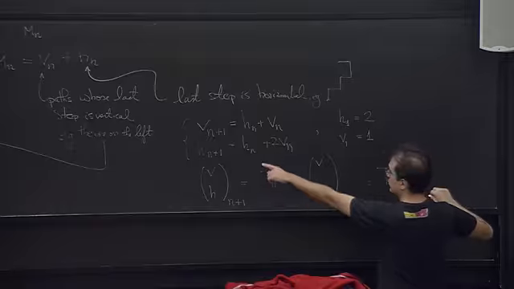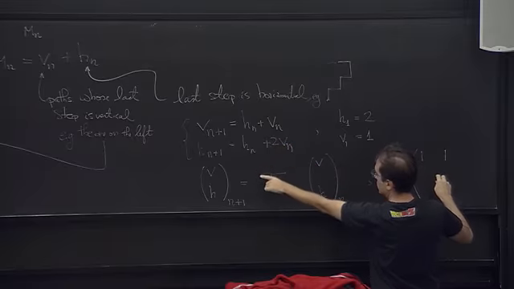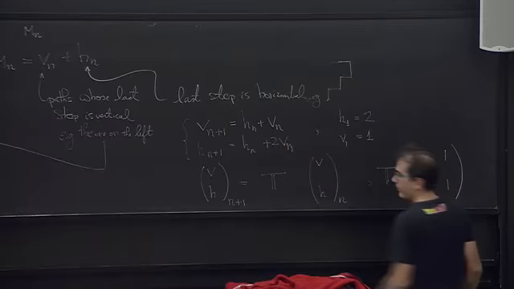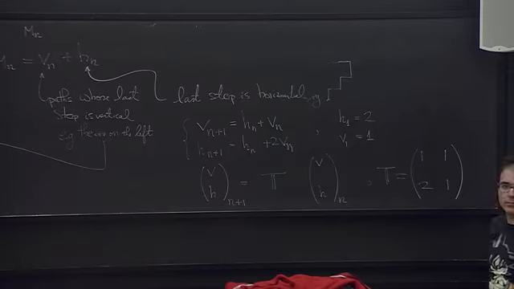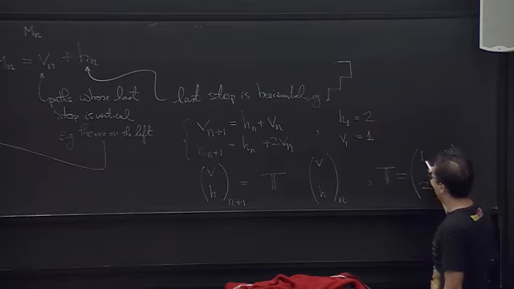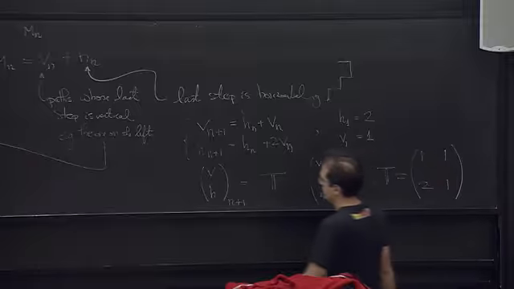Let's read it off. So vertical gives 1, horizontal 1, and for horizontal I want 2 and then 1. Right?